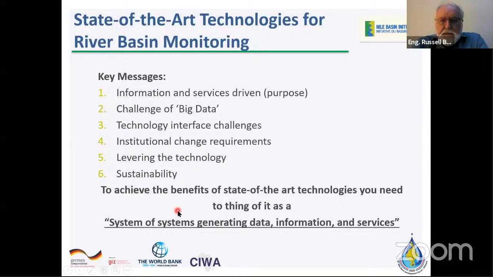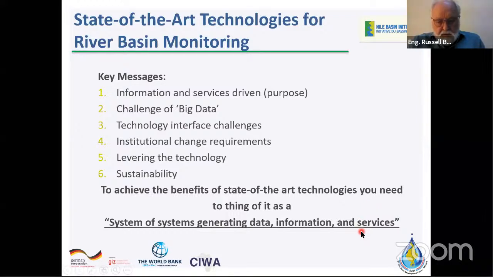The perspective that I have on state-of-the-art technologies is you need to think about it as a system of systems for gathering data, information, and services. Each of the technologies themselves is a system, but the key is how do you bring each of these individual systems together into a complete system that effectively generates data, information, and ultimately provides the services that are required?